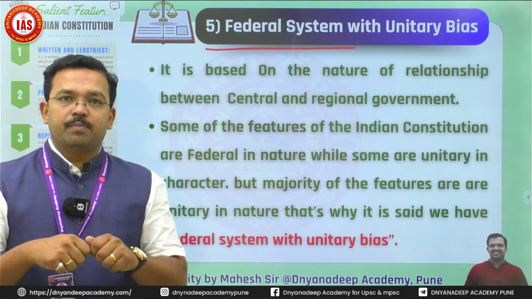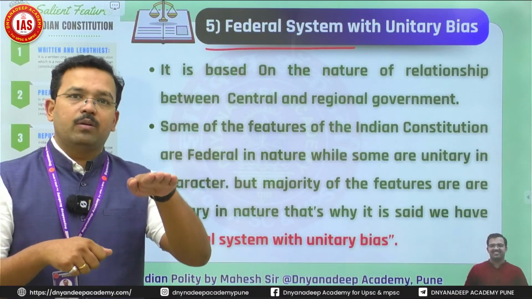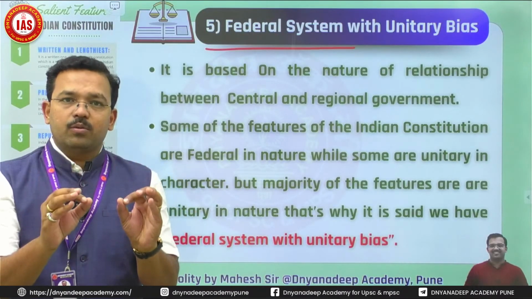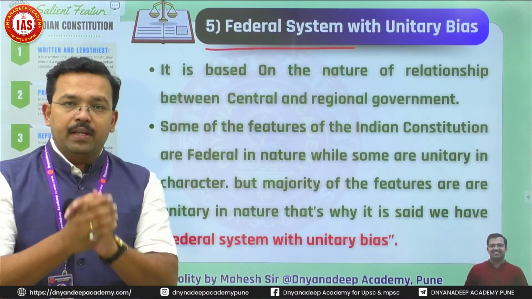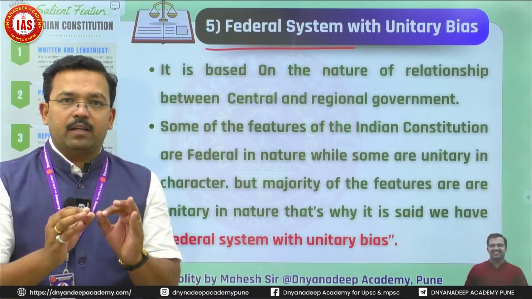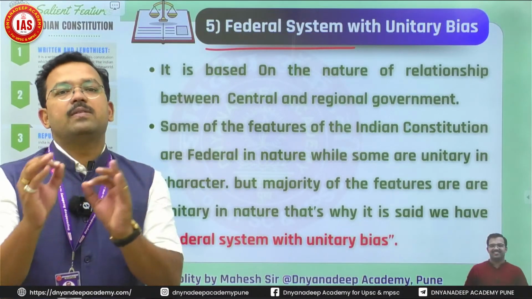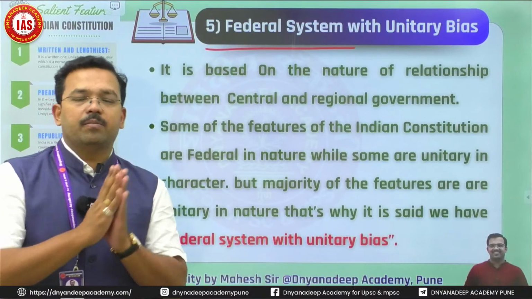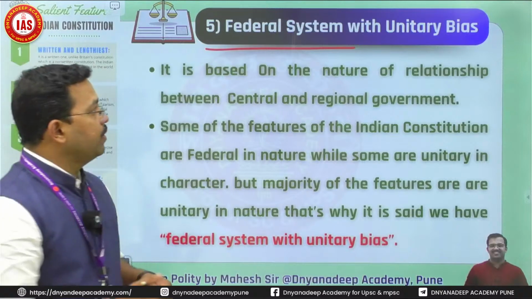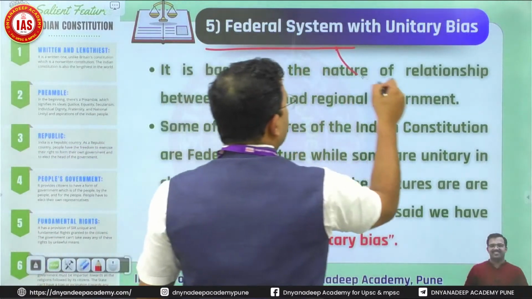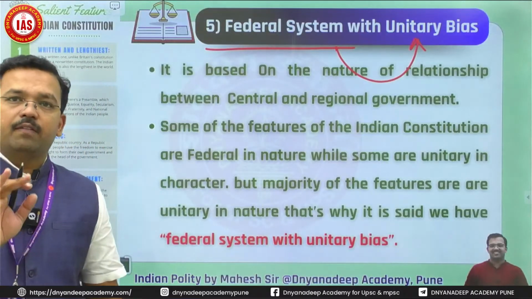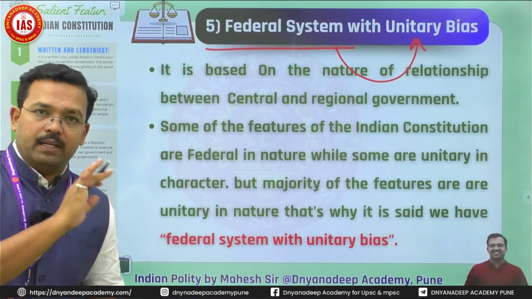Also, our Constitution has made many provisions which protect states from the center. That's why we have a federal system. But our federal system is more biased towards the central government. That's why we have a federal system with unitary bias.